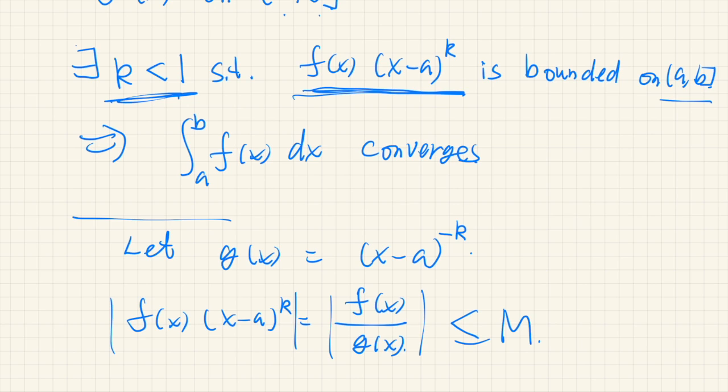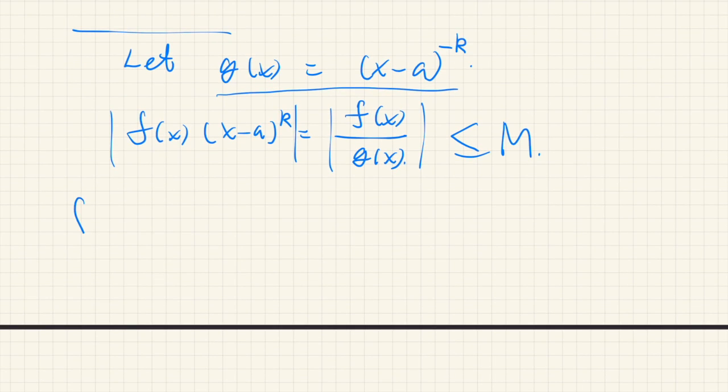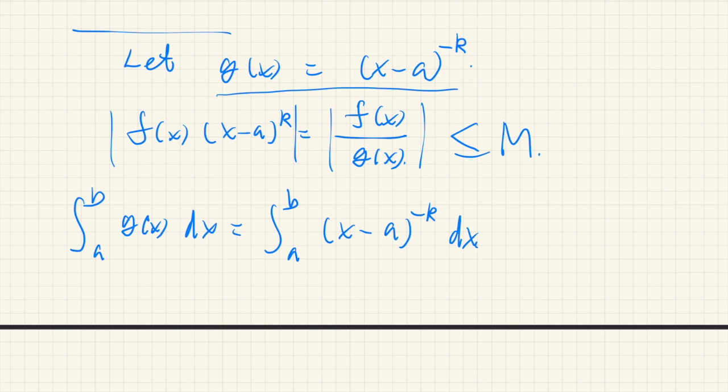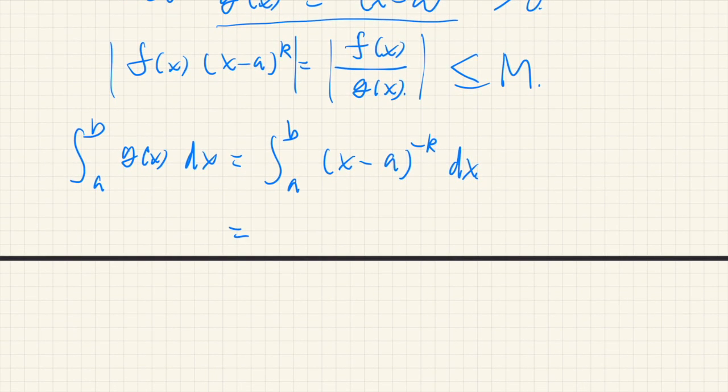Now let's see if this function g of x is integrable. Integrate g of x from a to b, that is, the integral from a to b of x minus a to the power of negative k. By the way, this is always positive, right? This becomes 1 over negative k plus 1, times x minus a to the power of negative k plus 1, from a to b.